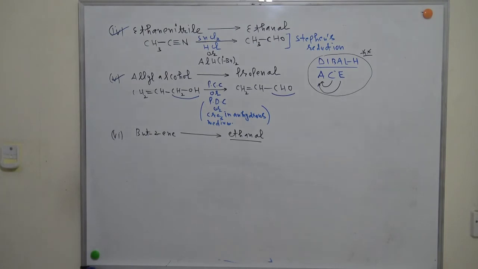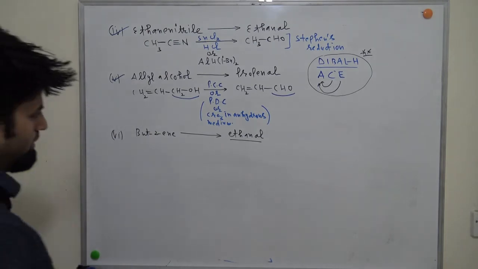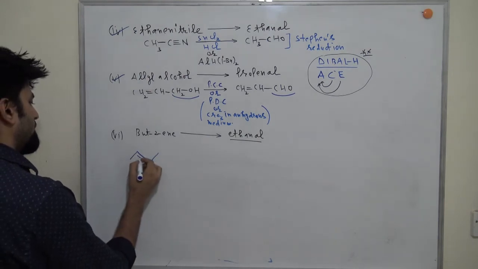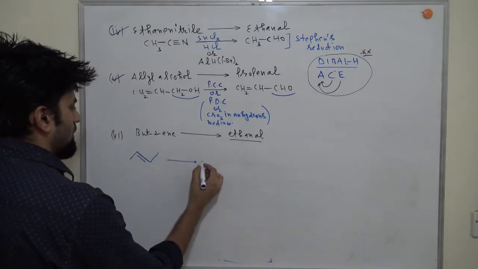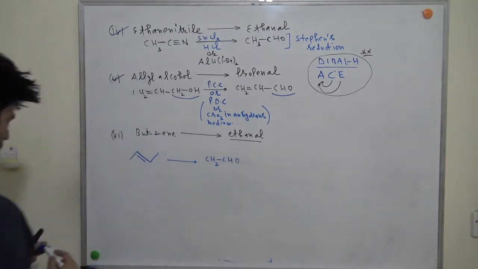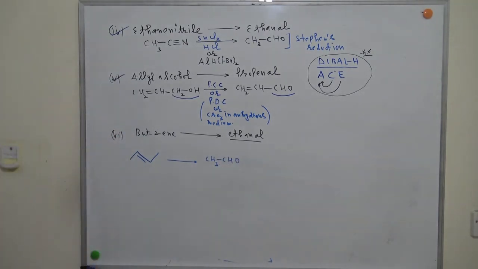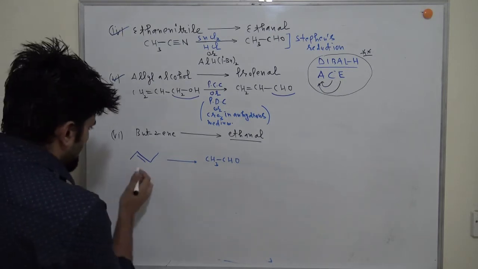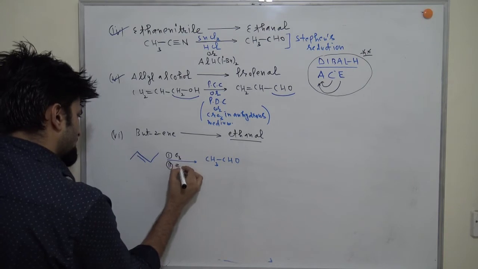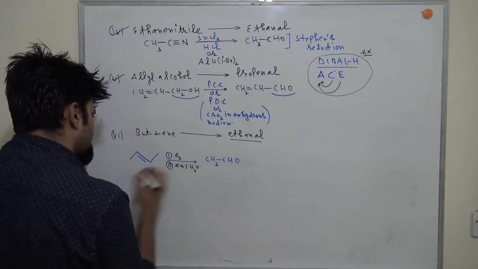Then we have butene to ethanol. So let's draw the structure first. But-2-ene, so 1, 2, 3. We want ethanol. So what thought comes to my mind from alkene to aldehyde? Generally we will think of ozonolysis. So first ozonolysis, O3, and then in second step Zn/H2O.